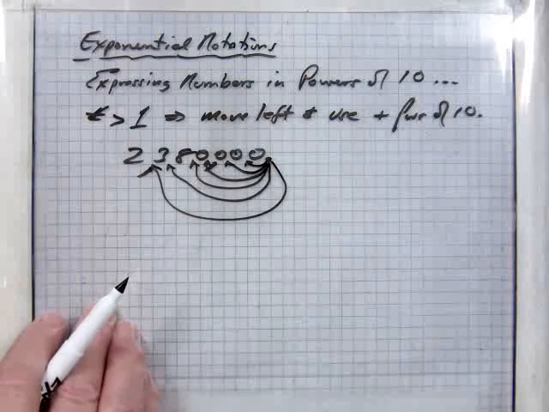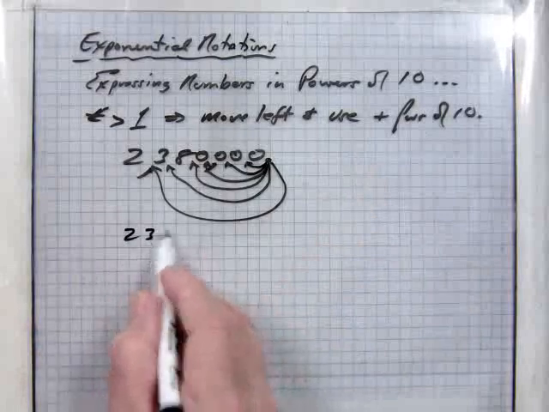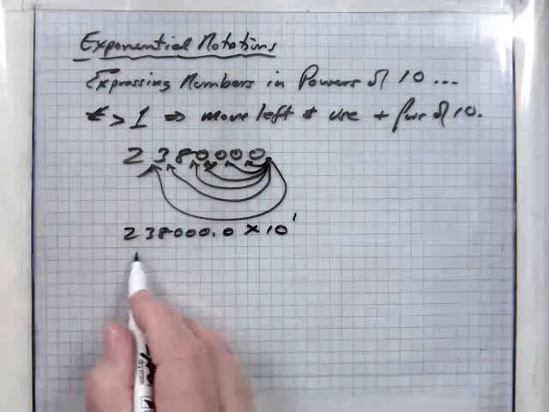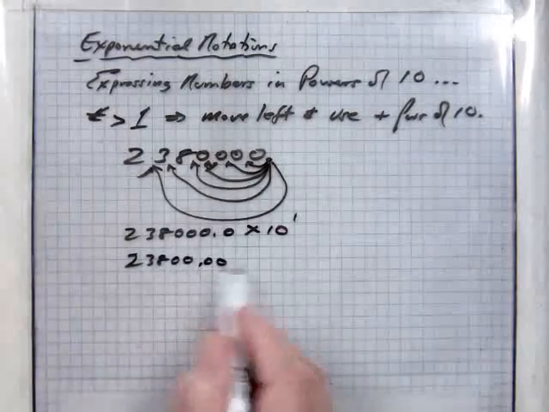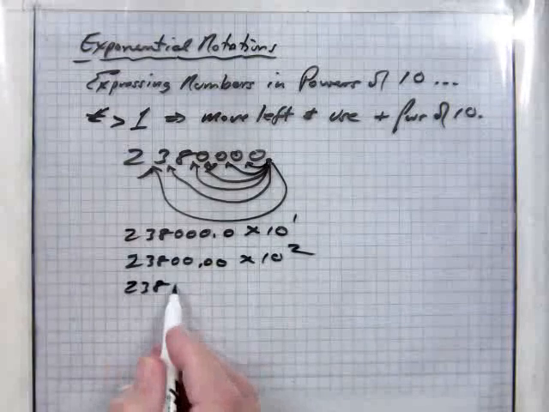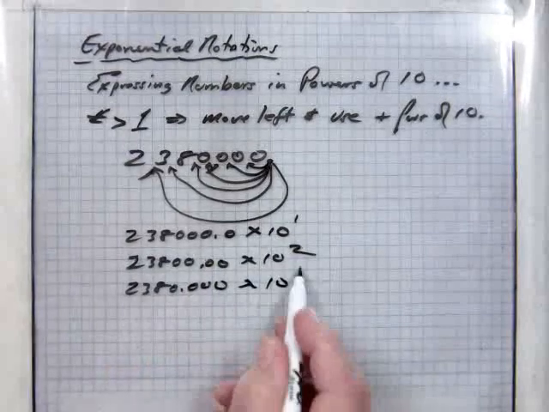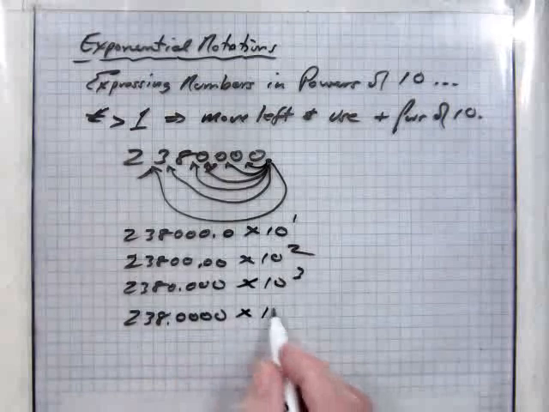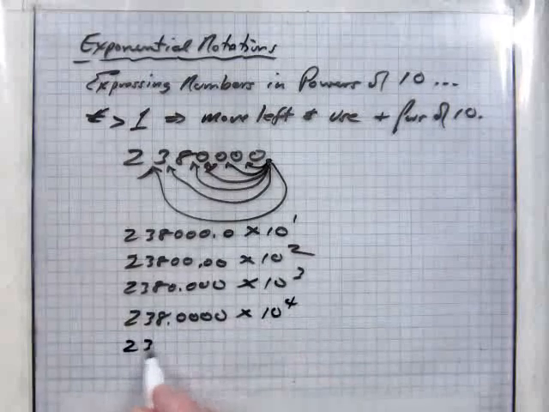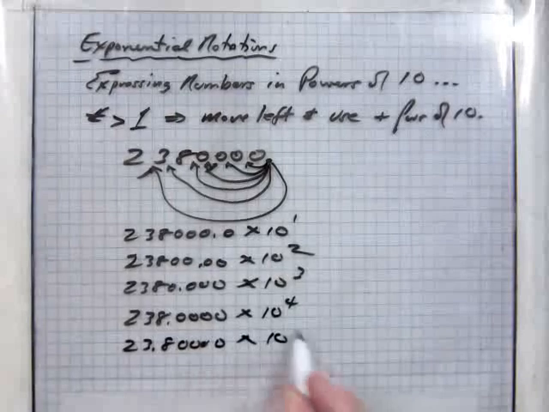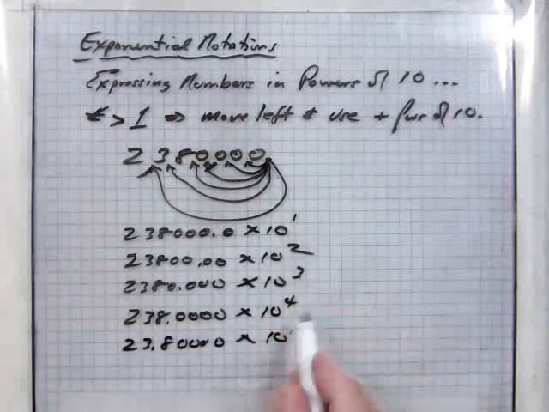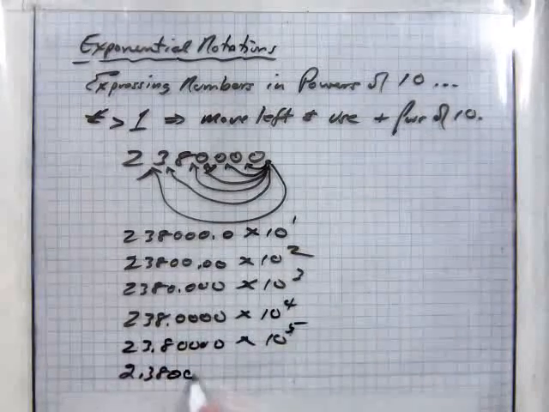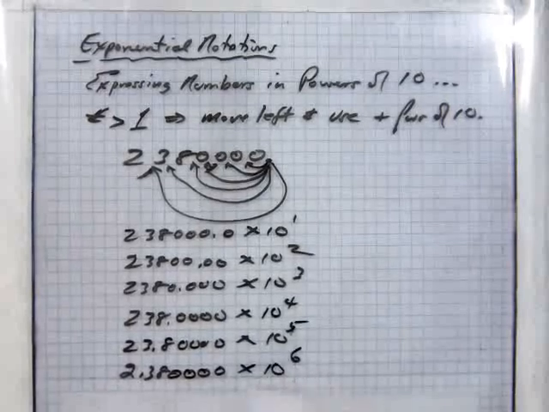And they all mean the same thing when you write these out. 238,000.0 times 10 to the first power, or 23800.00 times 10 squared, 238.000 times 10 cubed, and so forth. 238.0000 times 10 to the fourth, 23.8000 times 10 to the fifth, make 5 look like a 5, and 2.38000 times 10 to the sixth.